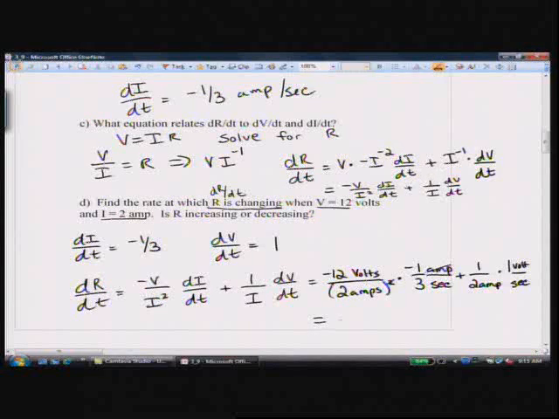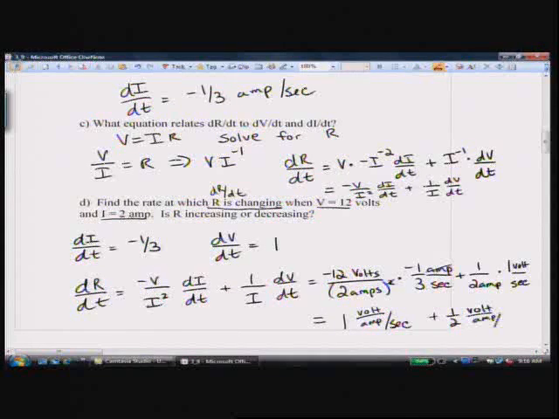So back to the final answer, you get 1 volt amp per second, and then plus 1/2 volt amp per second.